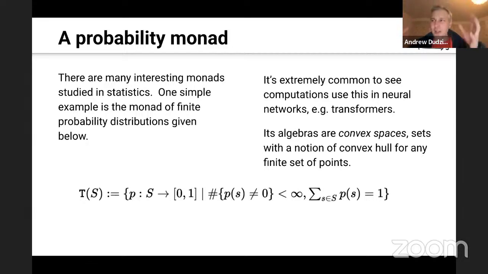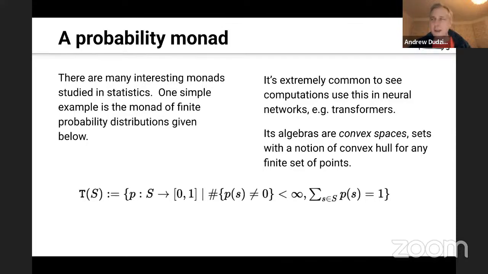So in particular, any convex shape, any convex polyhedron, will give you an algebra for this monad, because if I weight the points in something convex and compute the weighted average, then convexity exactly means I stay in the shape.